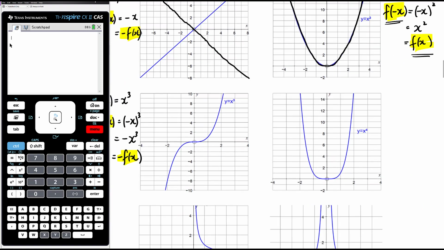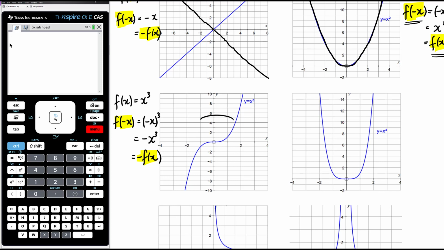Okay? So if we were to imagine reflecting this shape in the y-axis, so taking each point and mirroring it across the y-axis, so negative 2, 8 becomes positive 2, 8, it still goes through 0, 0, negative 1 becomes positive 1, negative 1, negative 2, negative 8 becomes positive 2, negative 8, and we actually get, reflecting it across the y-axis, the same as if we had reflected it in the x-axis.